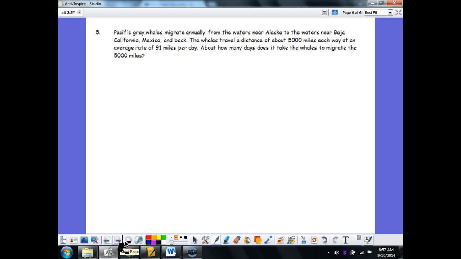This is another distance problem, so distance equals rate times time. And the Pacific gray whales migrate annually. The whales travel a distance of 5,000 miles, so there's our distance, 5,000. Plug that in for D, at an average rate of 91 miles per day.